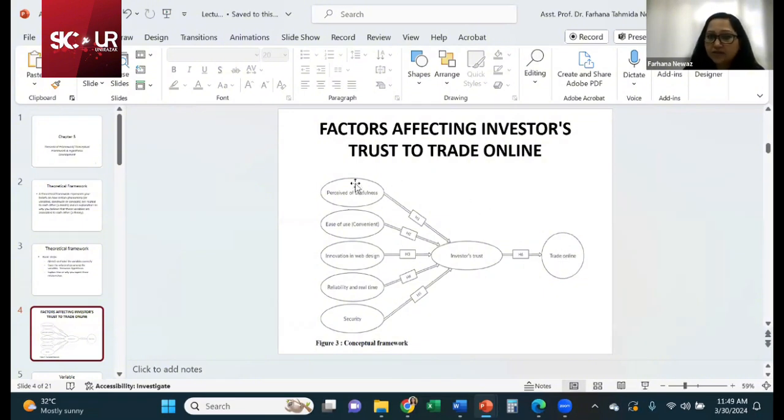He is trying to show with the picture that perceived usefulness has a relationship with investors' trust. Ease of use also has a relationship with investors' trust. Then security has a relationship with investors' trust. And with an arrow, it also shows that investors' trust has a relationship with trading online.